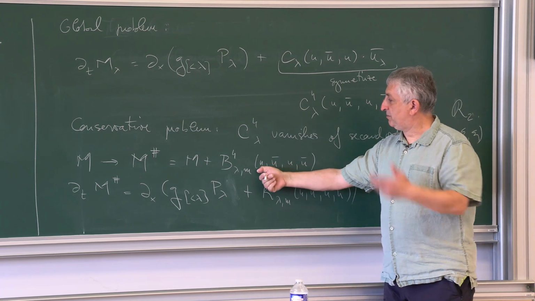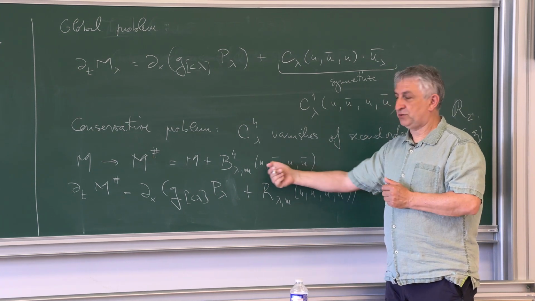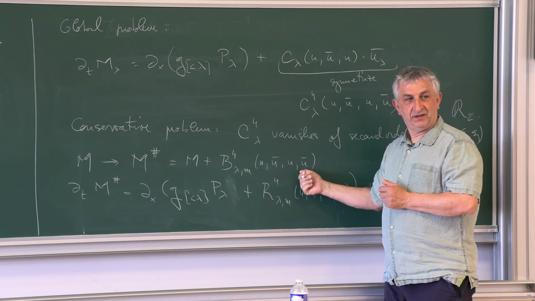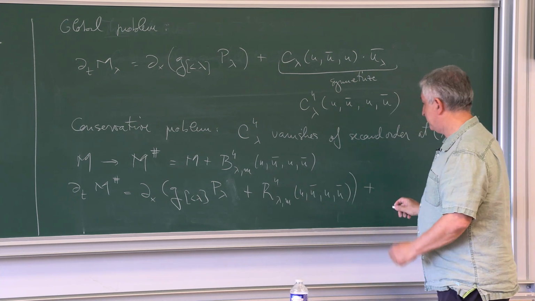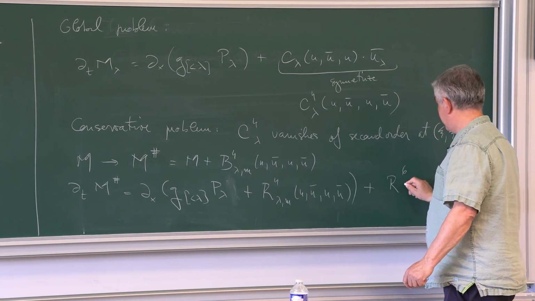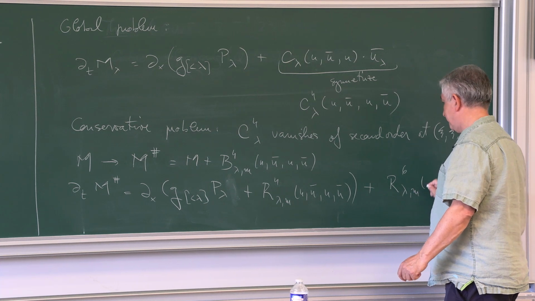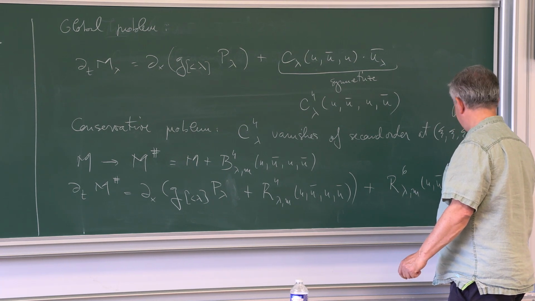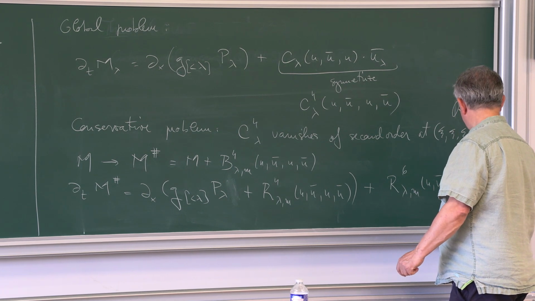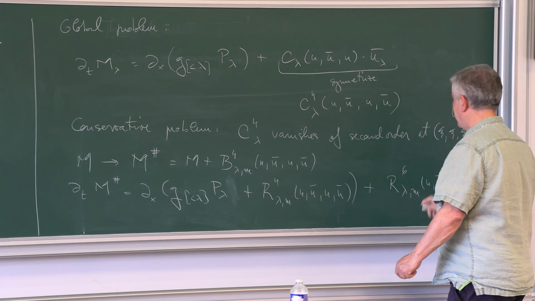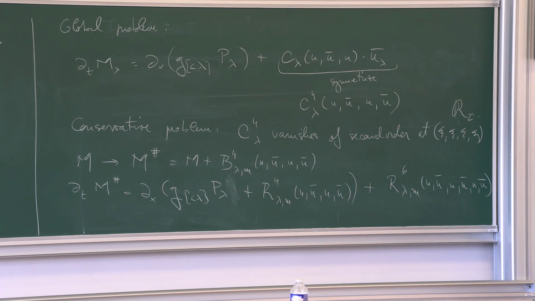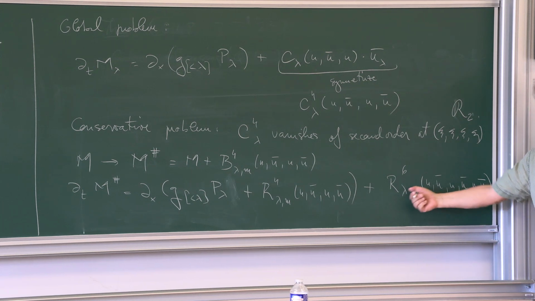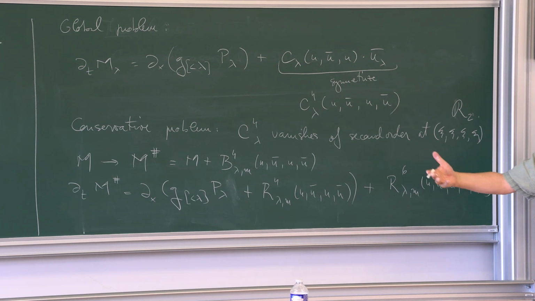But the nonlinear part in the equation will give sixth order terms in the expression here. So this would be plus something like R6 lambda m of u bar, u bar, u bar. And in effect, if the equation has also higher order terms, you get also terms of even better order.